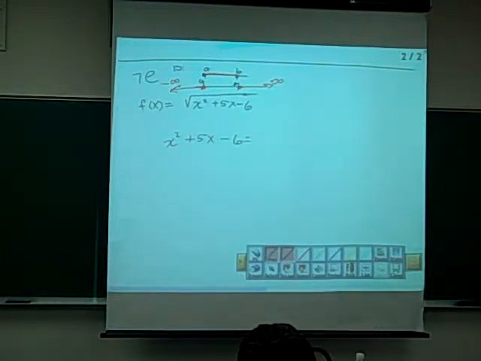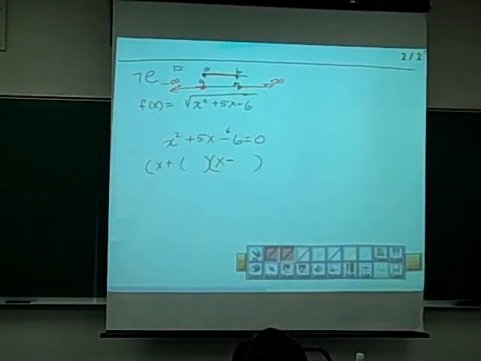Now normally for square root we use greater than or equal to, but for factoring purposes, and since we're going to use test points anyways, it's better just to set it equal to 0. Then what? x plus 6, x minus 1. Is our sign going to be plus or minus? A plus and a minus, because our C term is a minus.